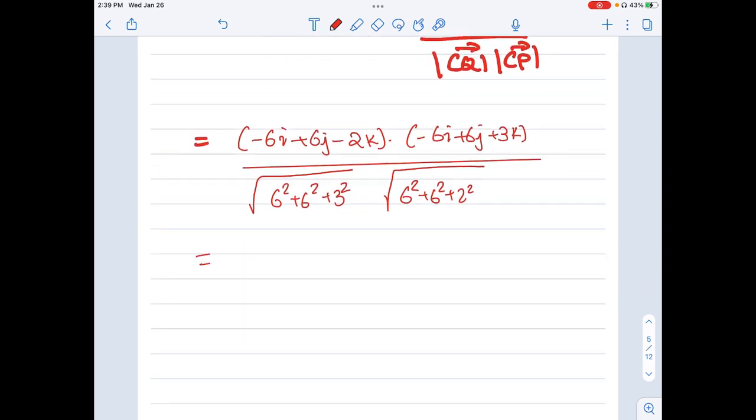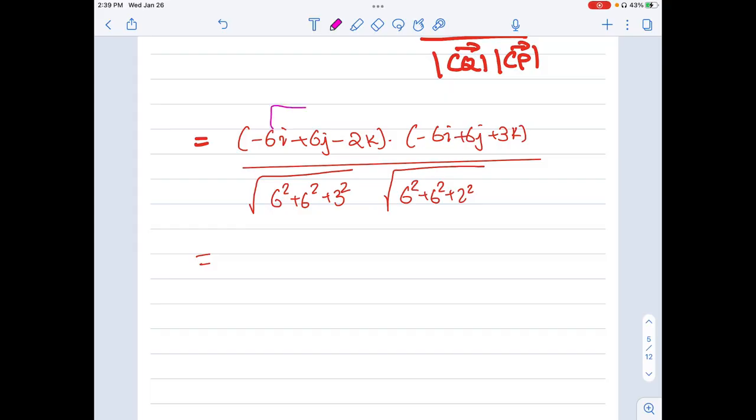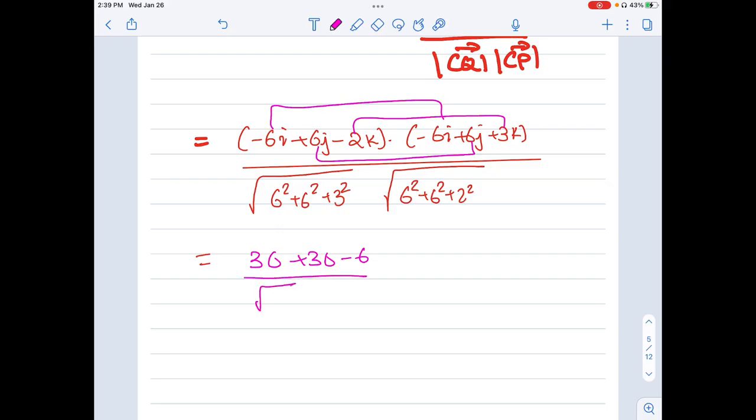So I have to multiply. Minus 6 times minus 6 is 36. 6 times 6 is again plus 36. And minus 2 times 3 is minus 6, divided by square root of 36 plus 36, 72, 72 plus 9 is 81, and 36 plus 36 is 72, 72 plus 4 is 76.